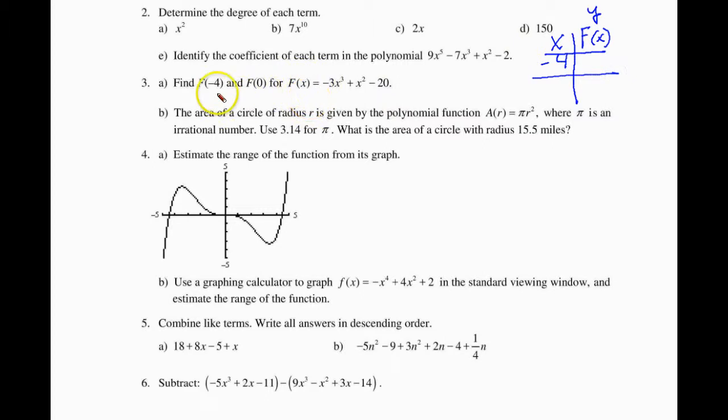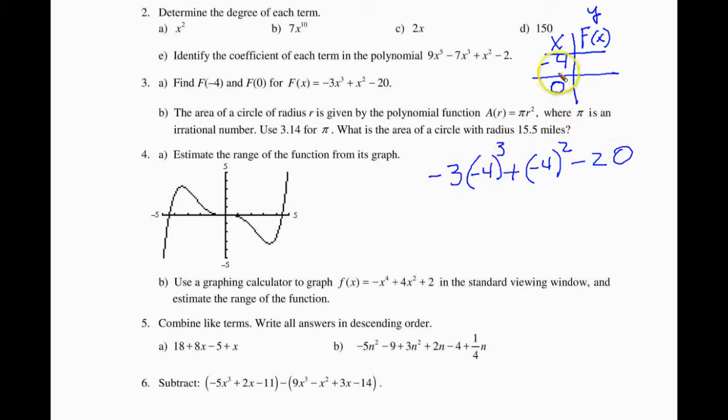That's the value we're going to substitute for the x. This is how they show it. And then we're going to use a 0. So if x is a -4, I would just do the substitution. You want to get it right. 3 times -4 cubed plus -4 squared minus 20.